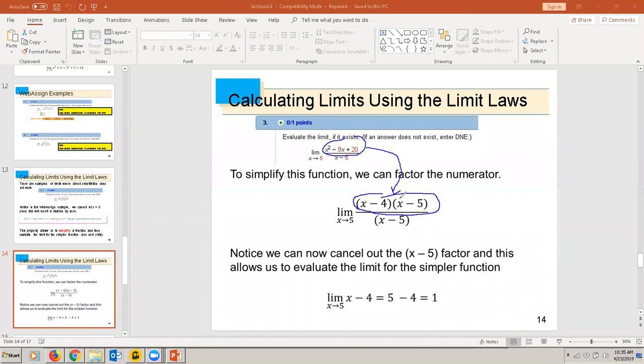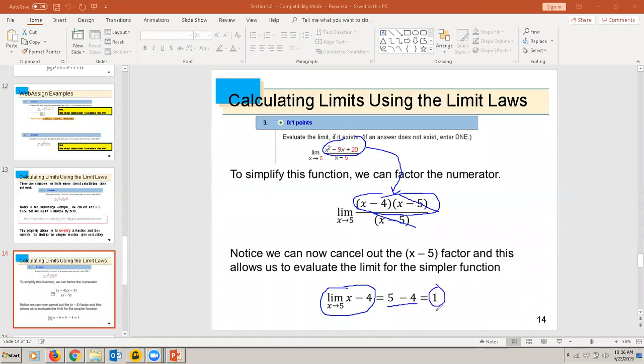But notice what happens now, this x minus 5 cancels out. So now I could take the limit as x approaches 5 of just x minus 4. Notice now I can evaluate the limit because that denominator is gone, so I won't end up dividing by 0. And so this turned out to be 5 subtract 4, so the answer to this question is 1.